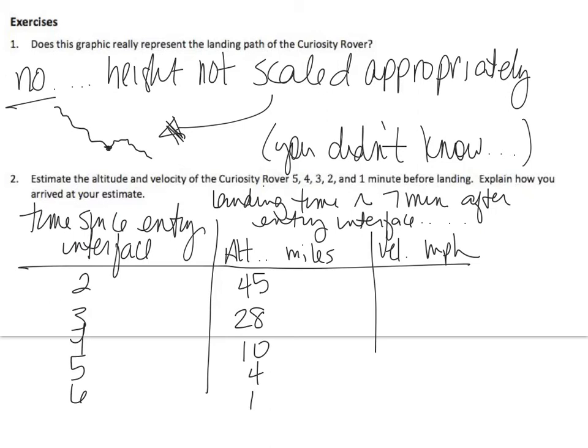My velocity is going to slow down. It's negative still because of how I'm calculating it. Slowing down and slowing down. So that's my estimated altitude and velocity, and I could graph that. I'm assuming you wrote that down, so I'm going to move to a new slide and graph it.